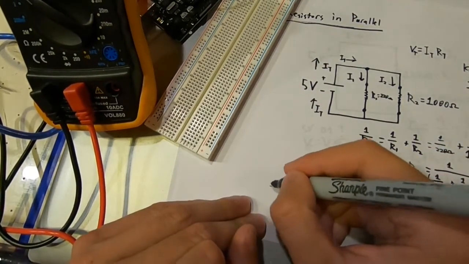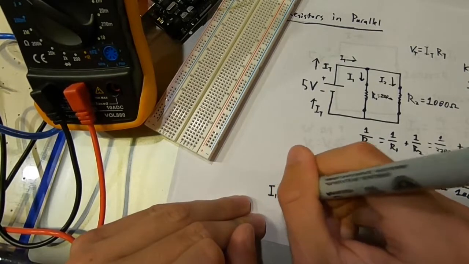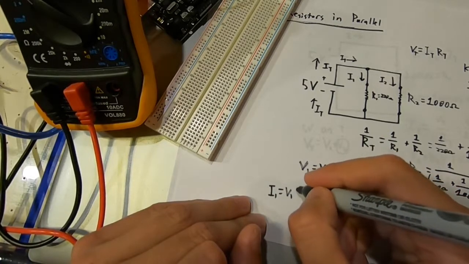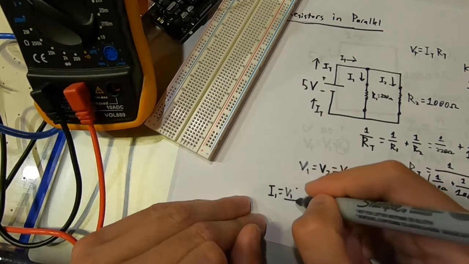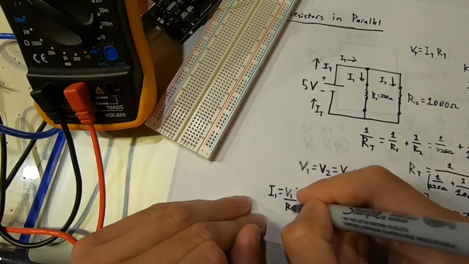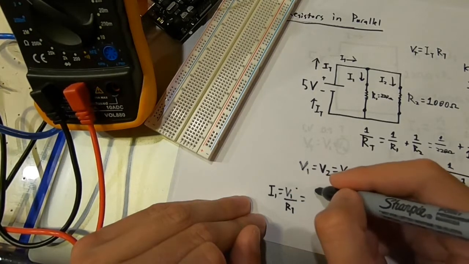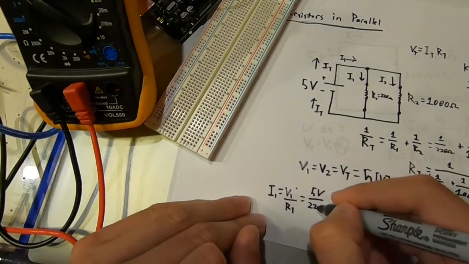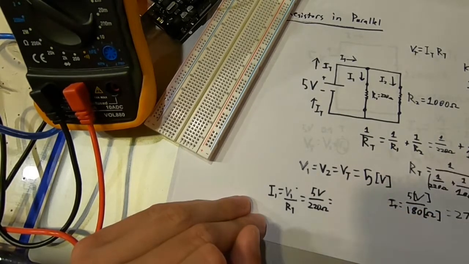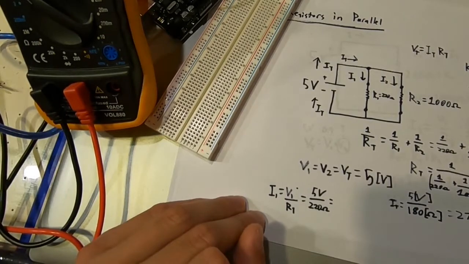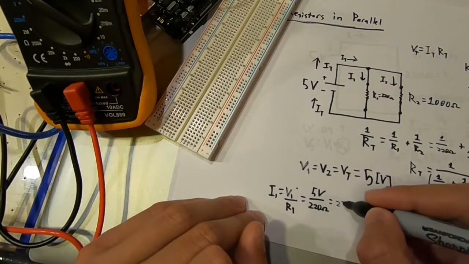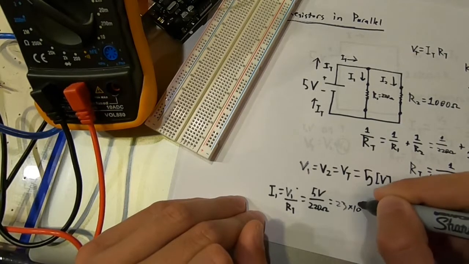So we know that I1 is equal to V1 over R1, which is equal to 5 volts over 220 ohms, which is approximately 23 times 10 to the negative third amperes.